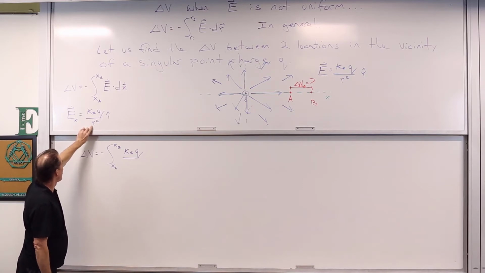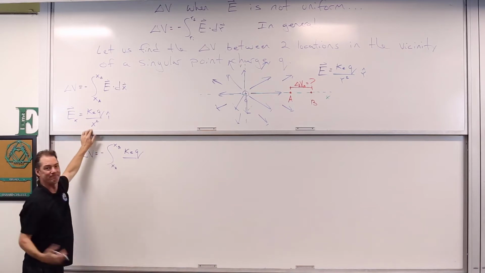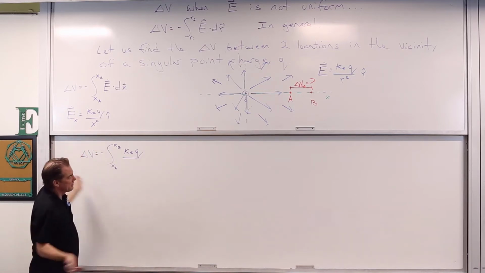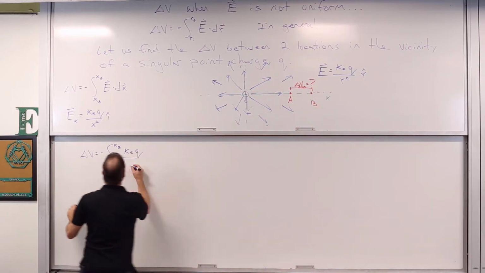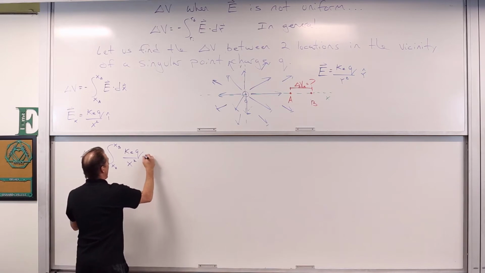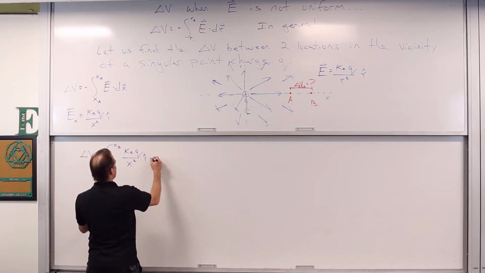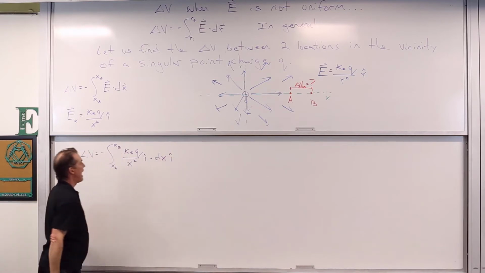So I didn't change that here, but I'm going to, because instead of r, it's just distance x. You have x on the x-axis, so we'll call that x squared, and that is I hat, and that's dotted into dx I hat.